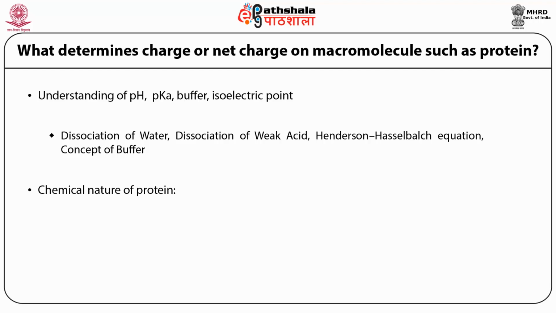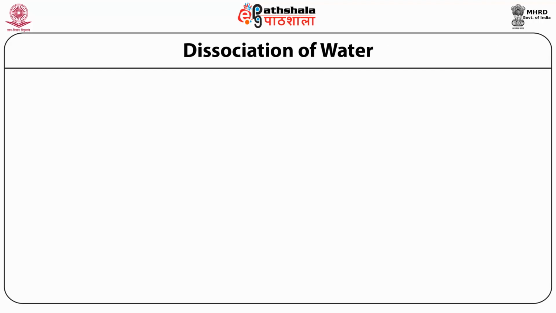As you already know, amino acids are building blocks of proteins, that is, protein molecules have several hundred amino acids. So it is essential to understand what these amino acids are. In order to understand the concept of pH, it is essential to understand the dissociation of water.